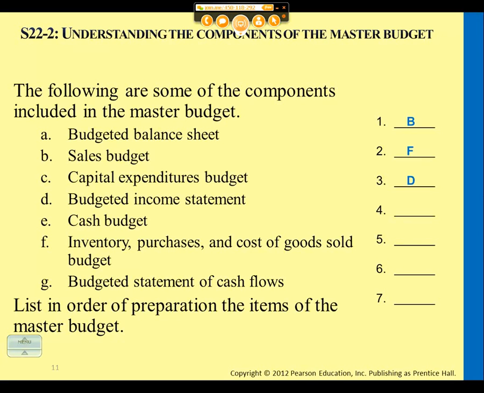Good. Yes. Okay, long-term assets. Okay, 5. Cash budget. Who else is for cash budget? Okay, number 6.